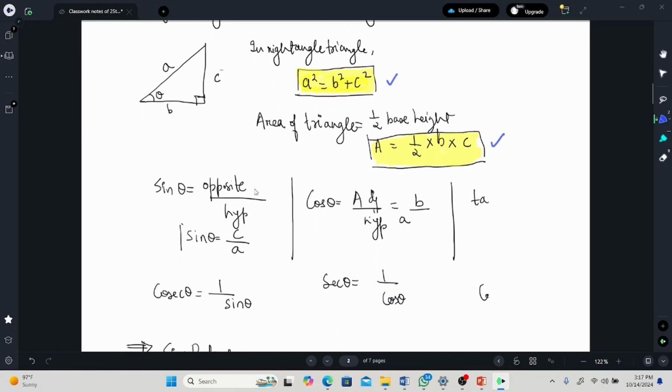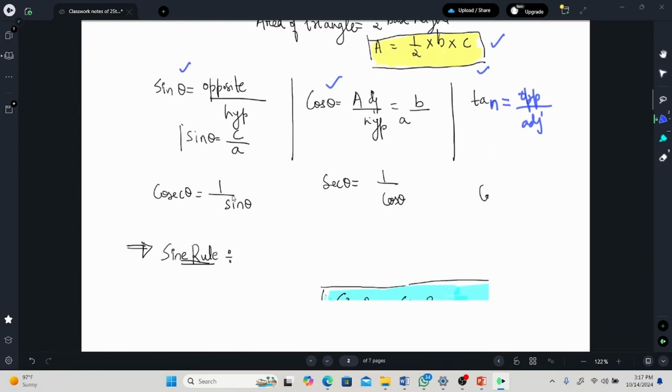Also, if this is a right angle triangle, then you can use sine theta, cos theta and tan theta. Sine theta is opposite side by hypotenuse, cos theta is adjacent side by hypotenuse, and tan theta is opposite side by adjacent side. This can be used anywhere.